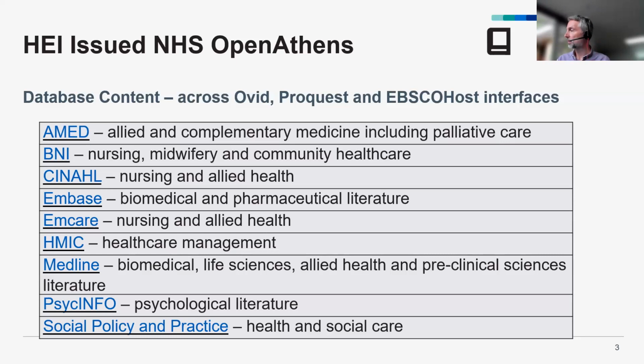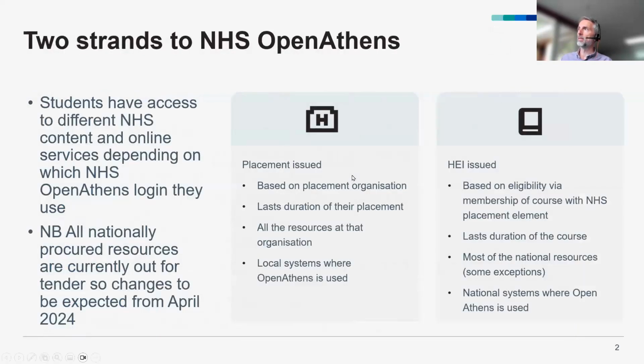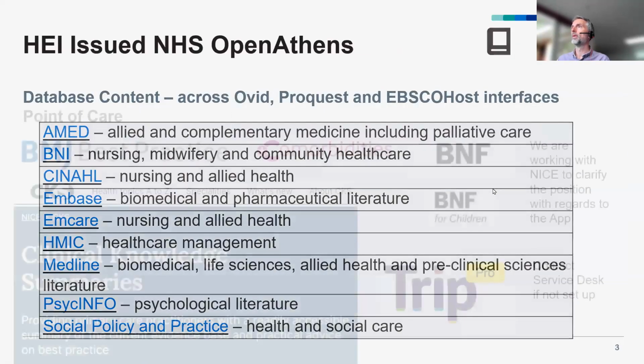There was a change of plan from NICE, and now your students would be looking at different databases through different providers, Ovid, ProQuest and EBSCO, all represented. So we've got 3 different ones. The big one that throws people off is PsycInfo, which is in ProQuest land, not to everybody's delight. So that's the databases.